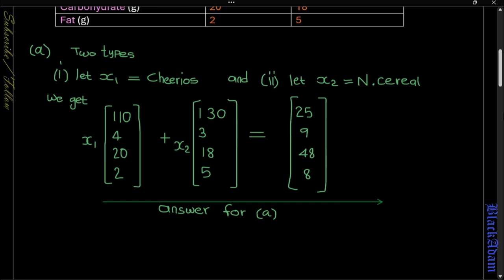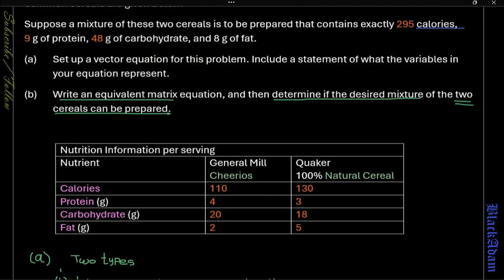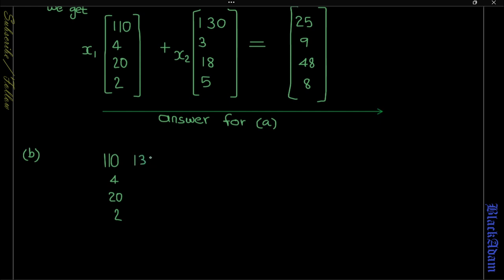And that's it. So now we need to solve the problem. Write the equivalent matrix equation, determine if the desired mixture is possible. Okay, so we have B, so we have 110, we have 4, we have 20, we have 2, and then we have 130, we have 3, we have 18 and 5. All of that is equal to x1, x2.